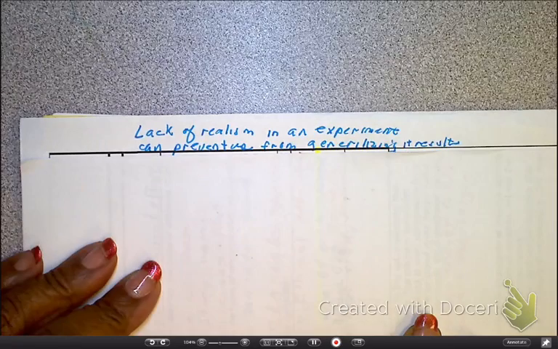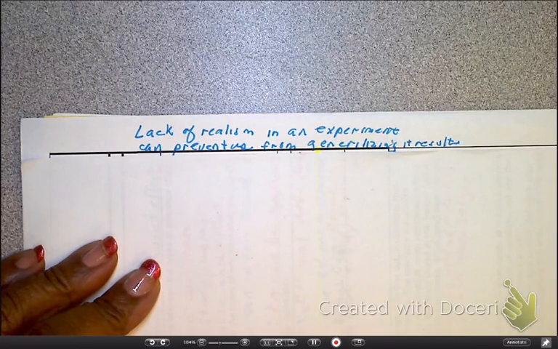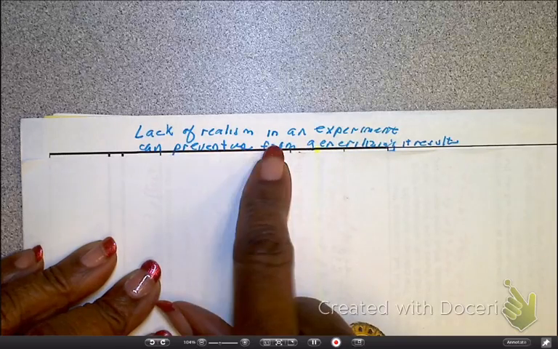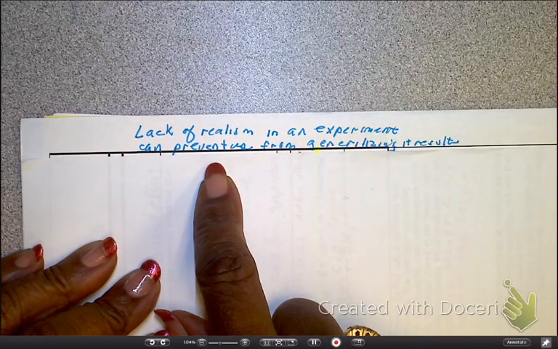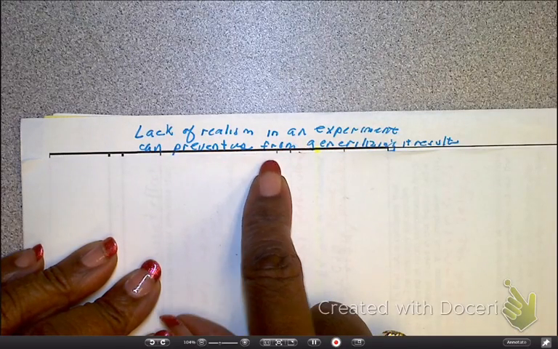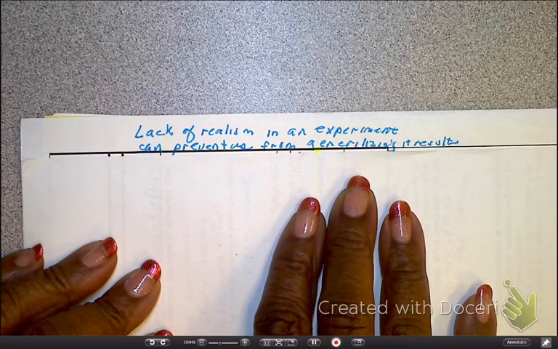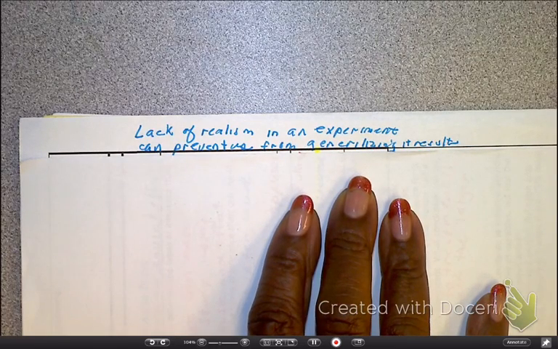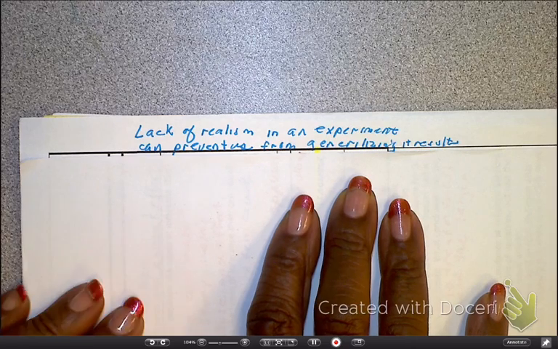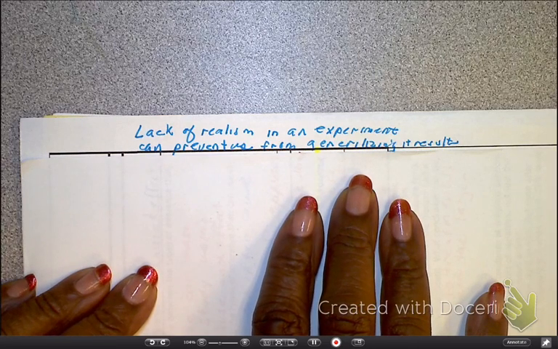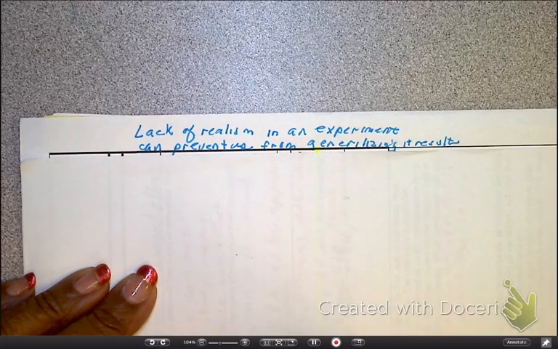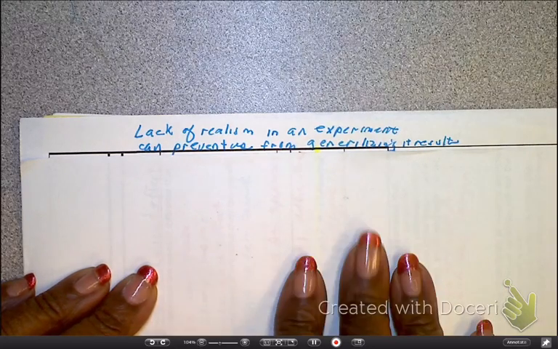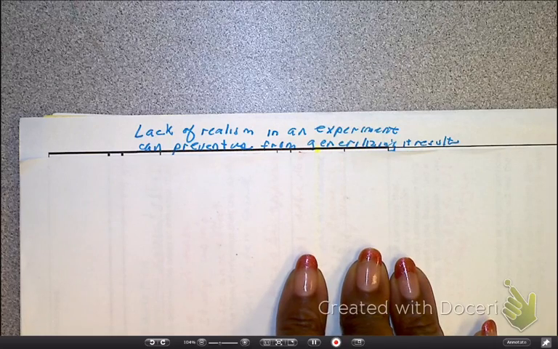Another thing that I have to make sure to consider is lack of realism in an experiment. Okay, it prevents us from getting generalized results. I remember there was a CSI Miami episode in which, this is going to sound gory, someone was stabbed, and they were trying to figure out with what type of knife the person was stabbed.